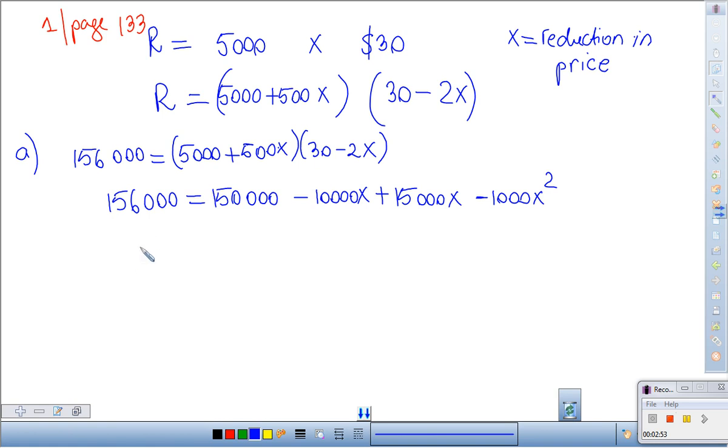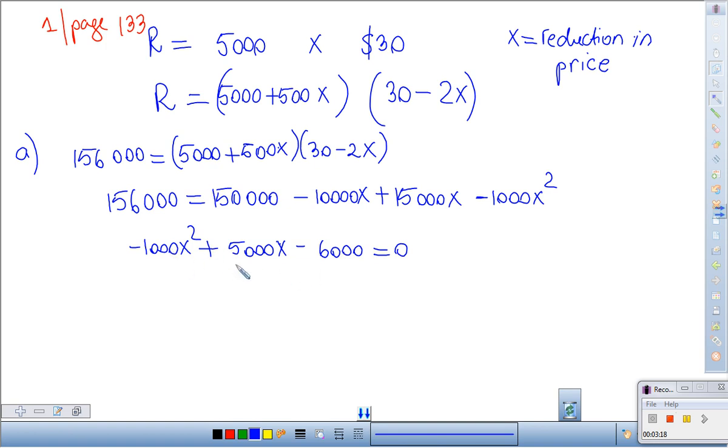So we have minus 1,000x squared plus 5,000x minus 6,000 equal 0. So 150,000 minus 156,000 gives us minus 6,000.